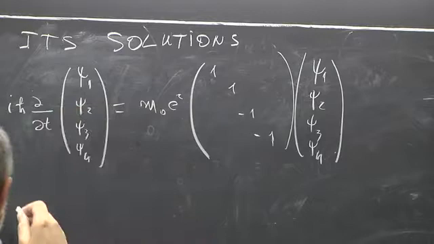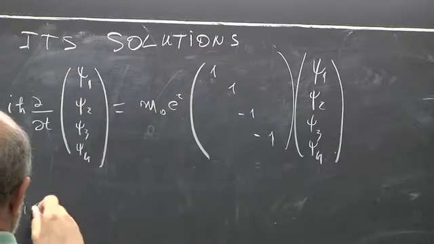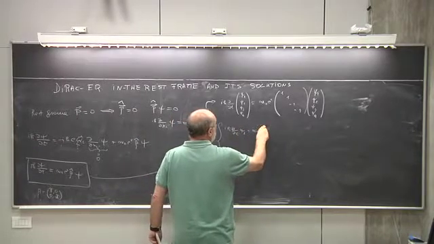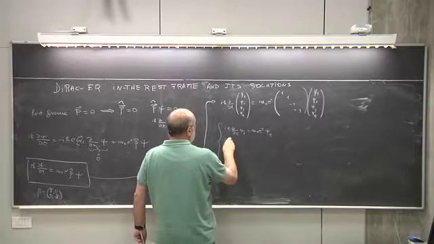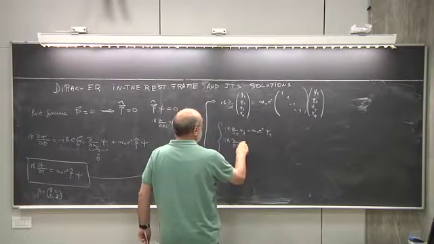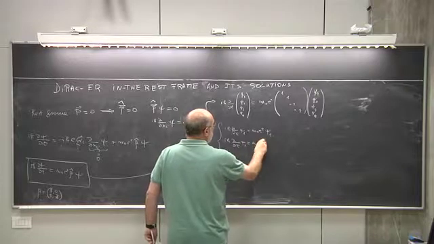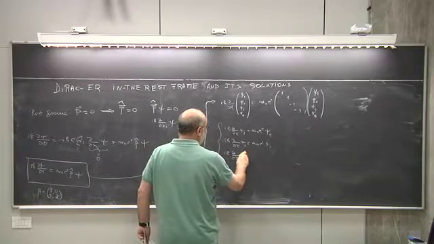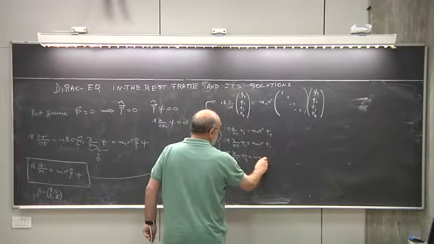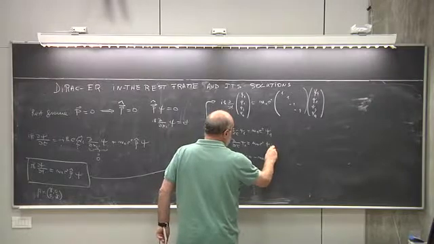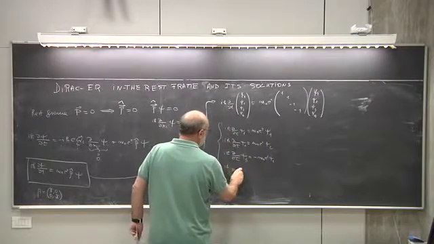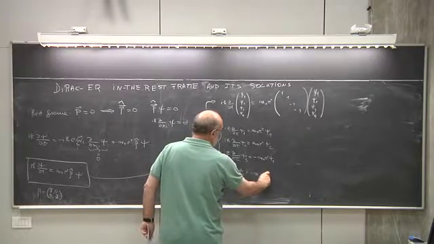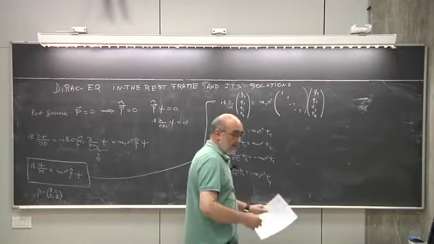So from here, you derive four equations: iħ d/dt ψ1 equals m0 c² ψ1; iħ d/dt ψ2 equals m0 c² ψ2; iħ d/dt ψ3 equals minus m0 c² ψ3; and iħ d/dt ψ4 equals minus m0 c² ψ4. You see, they are not coupled.